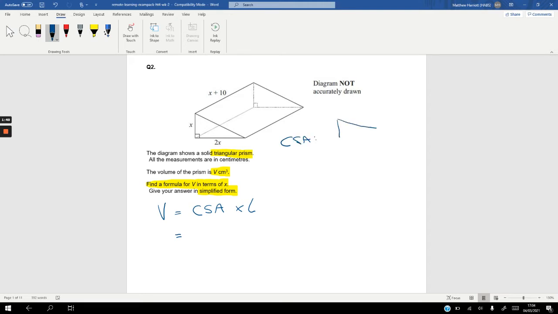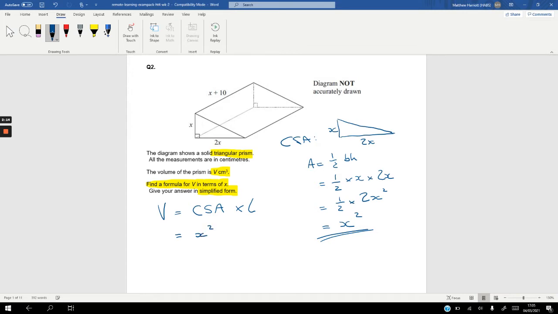So let's find the cross-sectional area. To do that, I'm going to help myself just by drawing it out again. And I've got X, and I've got 2X. To find the area of this, it's half times base times height, 1/2 times X times 2X, which is 2X squared, which is just X squared, because 1/2 times 2 is 1.